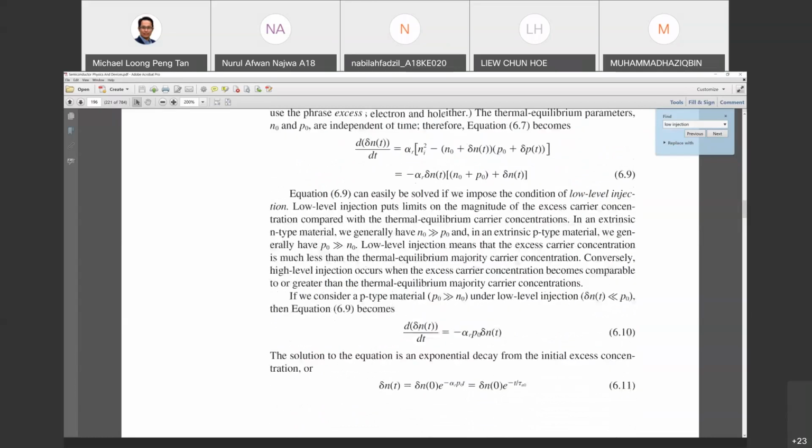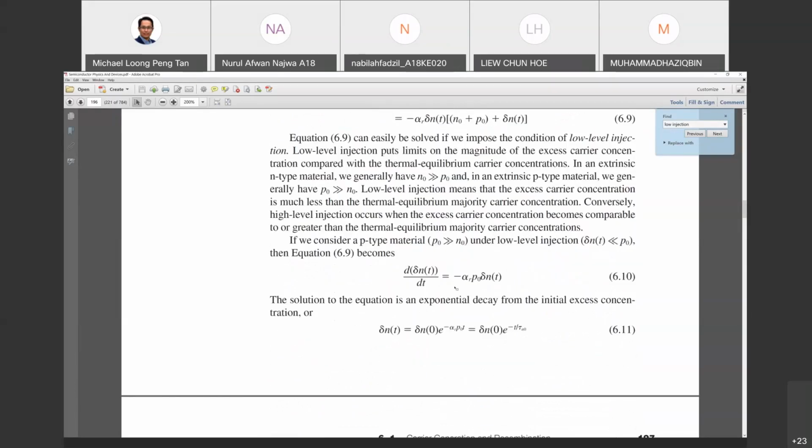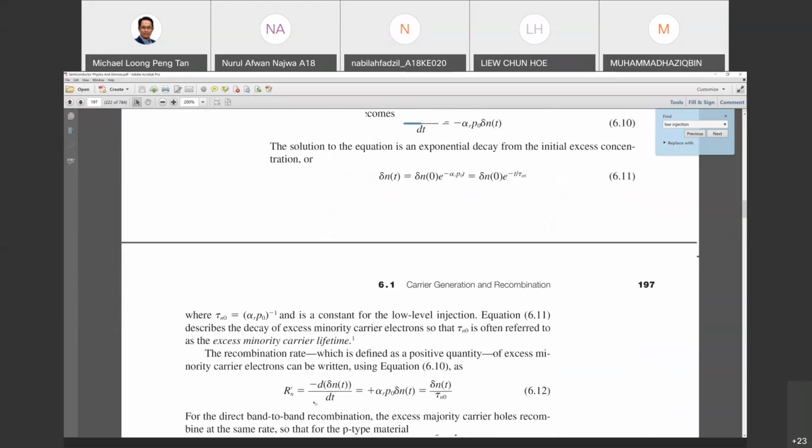They say, okay, we already got equation 6.10. And what is the solution to this equation? This is something like a partial differential equation. Then they say it has to be exponential and it has to be this term here. Then we try to solve it. And once they solve it, the part that we solved earlier is actually called the recombination rate, and is given by this equation.